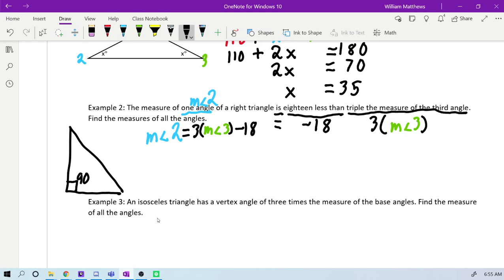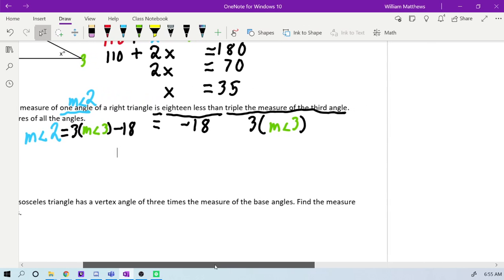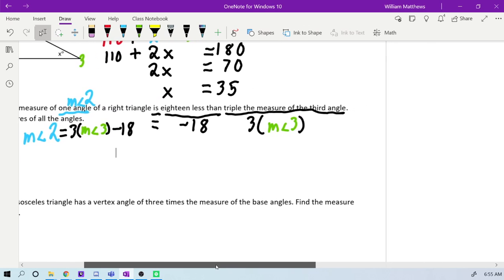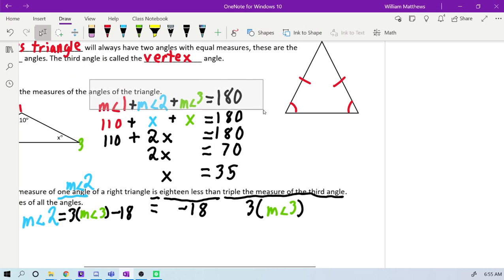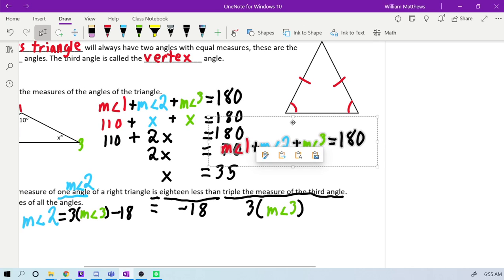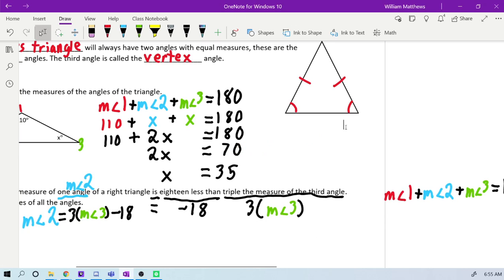So knowing that I'm going to kind of run out of space, this is where an extra sheet of paper always comes in handy. I'm going to use the rule of a triangle equal 180 degrees. Our first angle was the right angle, the 90.